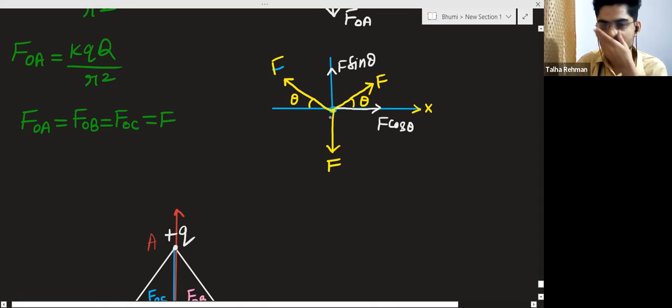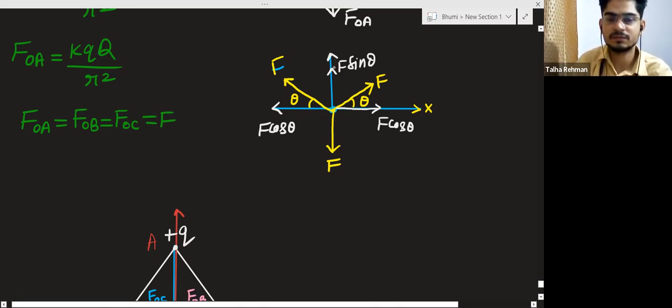And the component of force along this is F cos theta, and along this it becomes F sine theta.